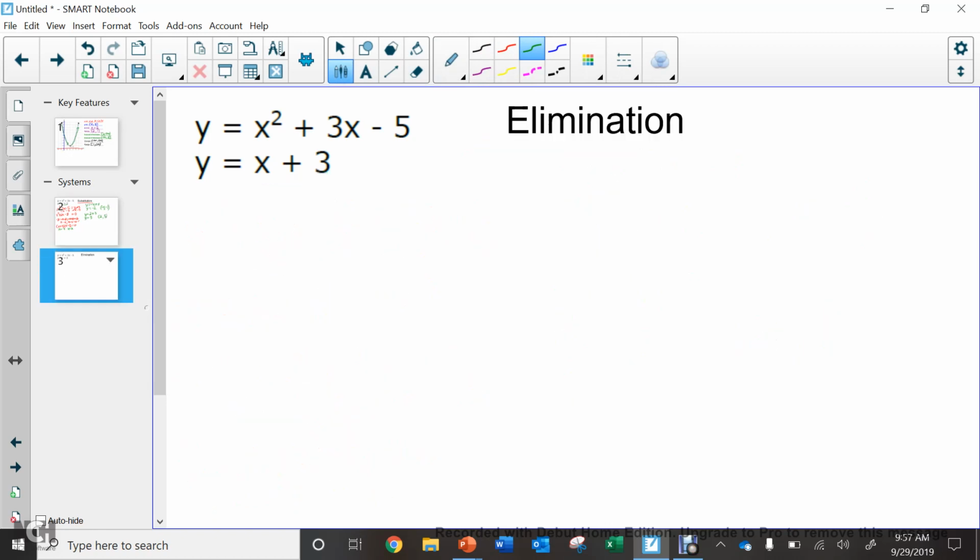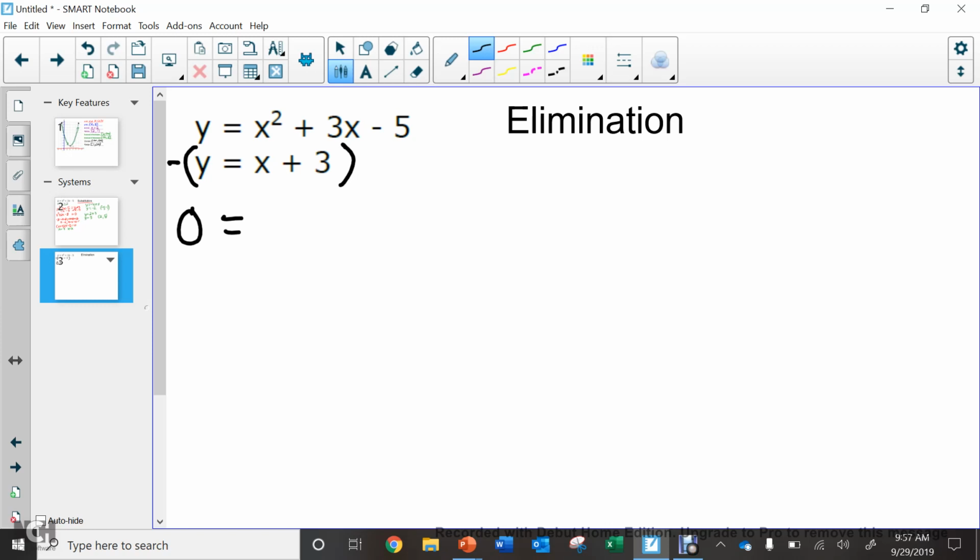Okay, and now to elimination. This is the same problem, but using the opposite method. So for elimination, again, you must be y equals on both your equations. Again, they both are. So my next step is to stack them on top of each other and subtract the like terms. Well, I have y minus y, which gets me 0.